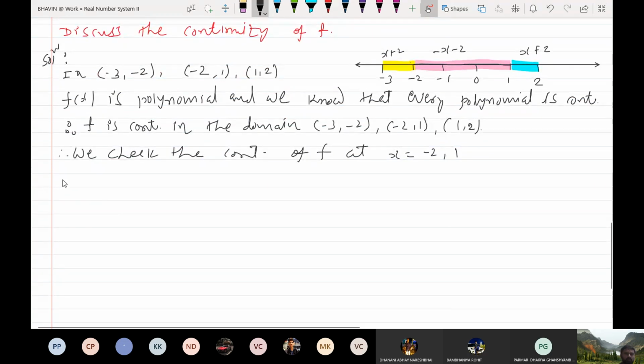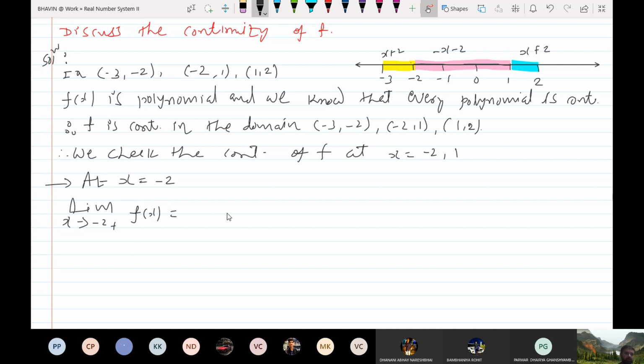Now let me check first of all at x equal to minus 2. So limit x tends to minus 2 plus f(x). In order to discuss the continuity at x equal to minus 2, I should check the left limit, right limit at x equal to minus 2 and the value of the function at x equal to minus 2.